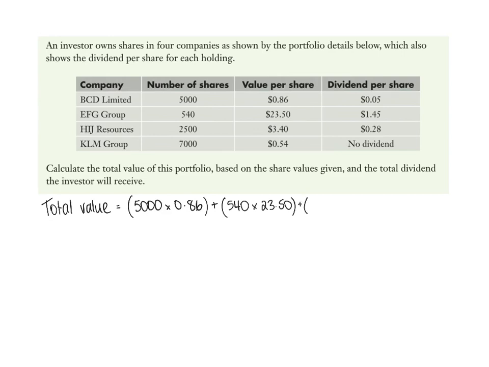We would then do HIJ, 2,500 at $3.40. And finally, we have the KLM group at 7,000 shares times 0.54. So calculating that, we would get a total value of $29,270, which is a significant value for shares.